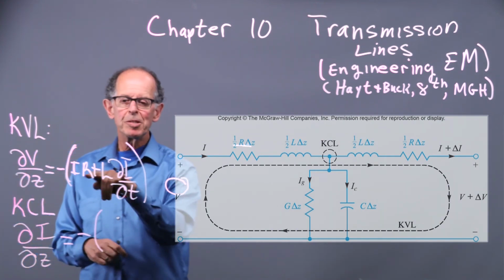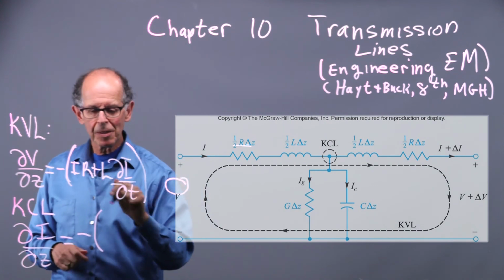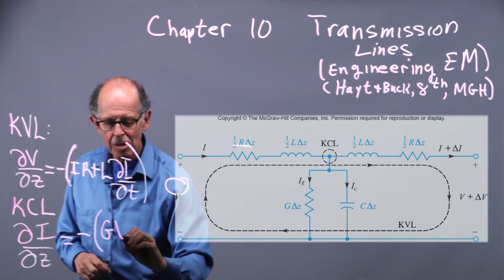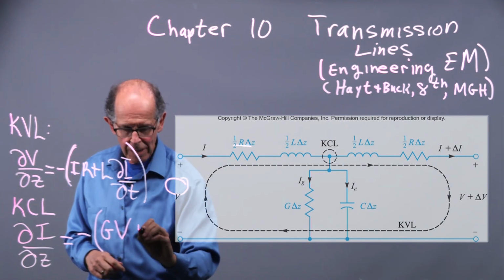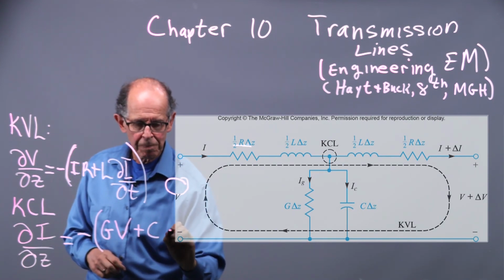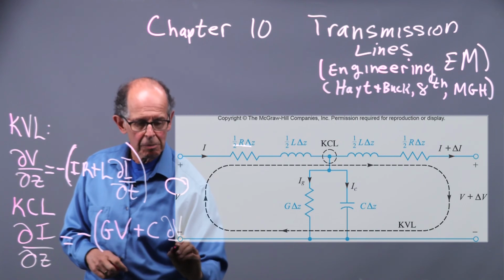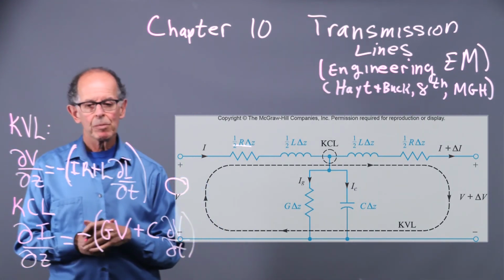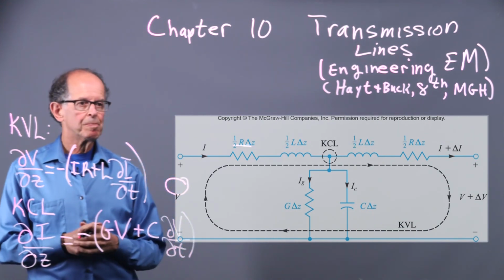Now every time you see an I, it's going to become a V, and the R is replaced by the conductance, the shunt conductance, GV plus C dV/dt, and I'm running into the picture. Those are the two equations.